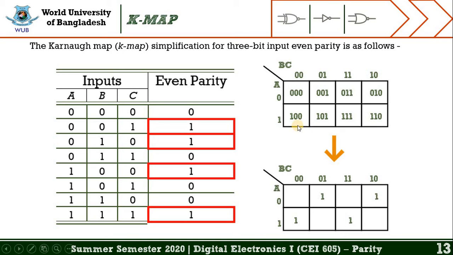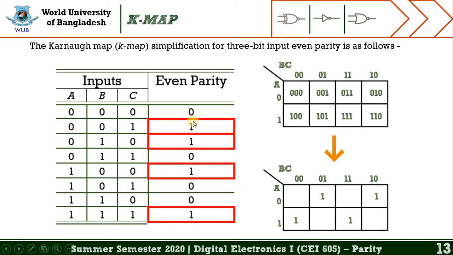If you look at the bottom right figure, you will find another K-map represented here, and in 4 cells there is just a 1.